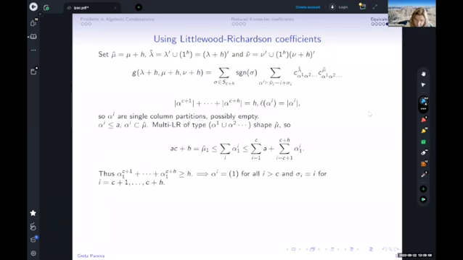And what is it that is a single row and single column? It has only one row and one column. It's only this partition. And so we are actually restricted to these partitions that show up here.